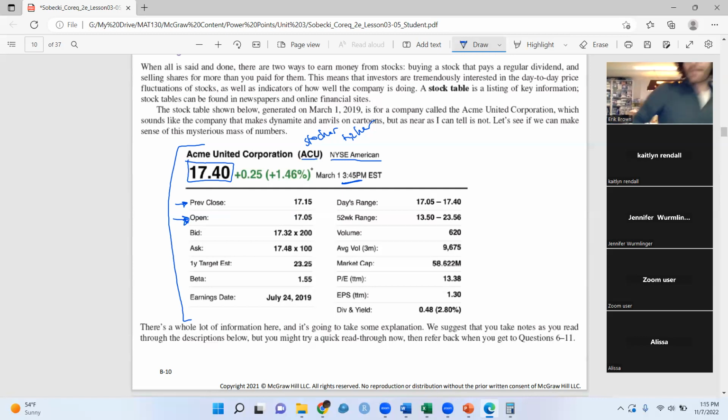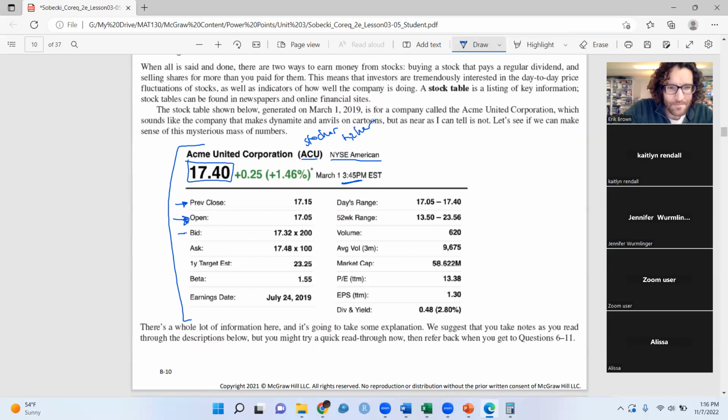Now, why did it drop? There could be all kinds of reasons, but there are trades that can happen outside of market hours. So there's people buying and selling when the market isn't active, and all of those trades go through when the market opens. And so for whatever reason, the value of the stock dropped a little bit from the previous close to the next day, probably because more people were selling than buying or something like that.